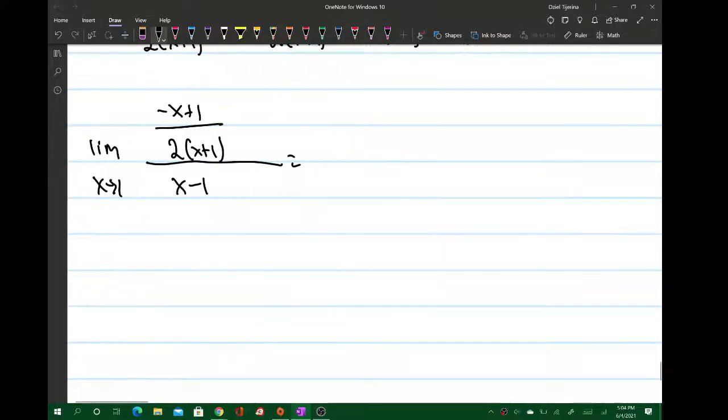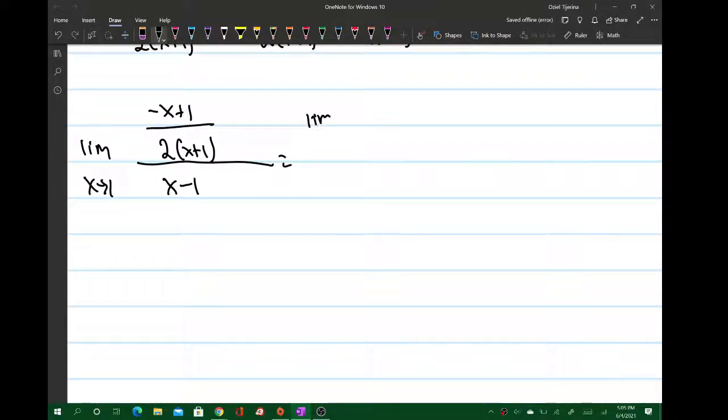So this in reality would be the limit as x approaches 1 of the following: negative x plus 1 over 2 times x plus 1.